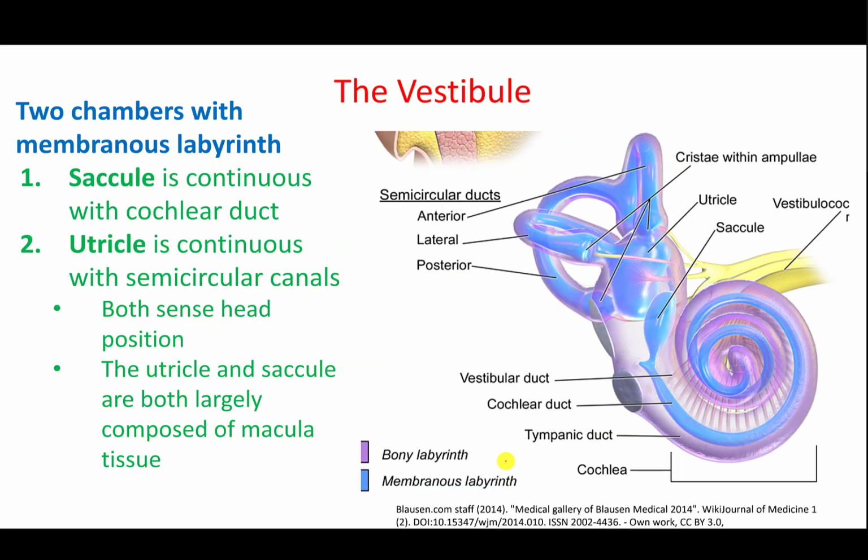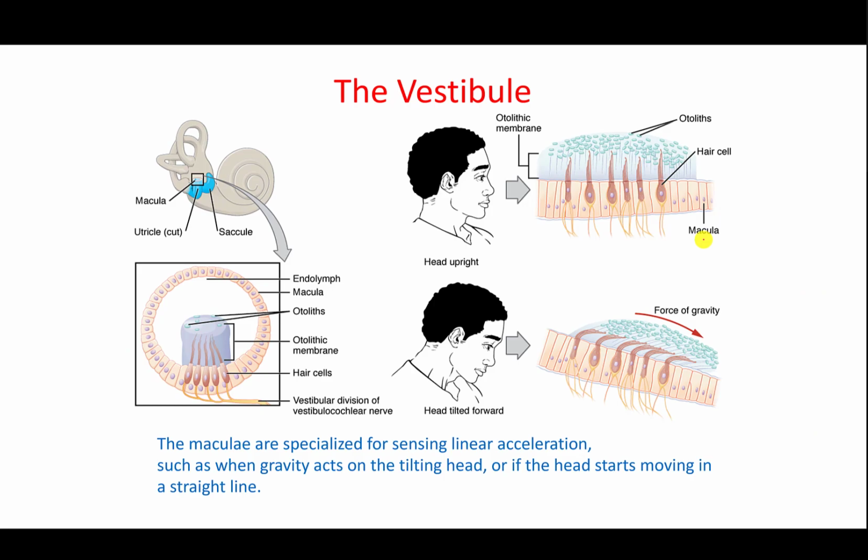Now the last few things in the ear are the vestibule. The vestibule, we said, along with the semicircular ducts, is responsible for balance. The vestibule is two continuous chambers, the utricle and the saccule. Both of them are responsible for linear acceleration and the presence of gravity.